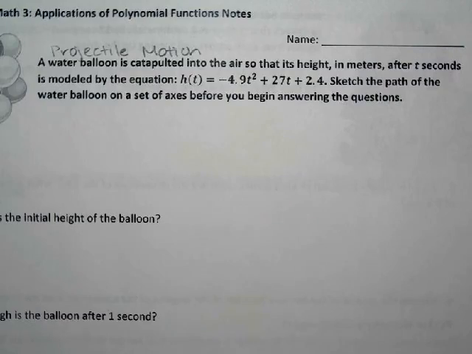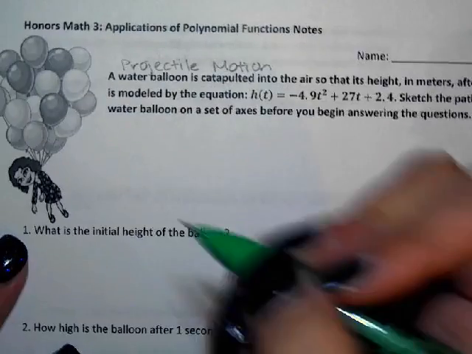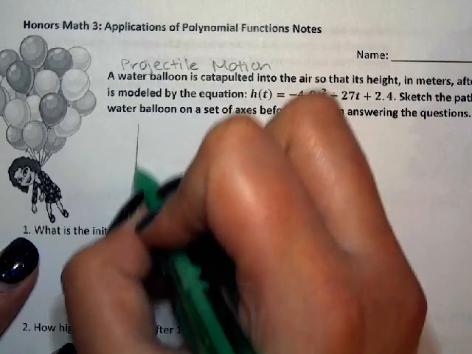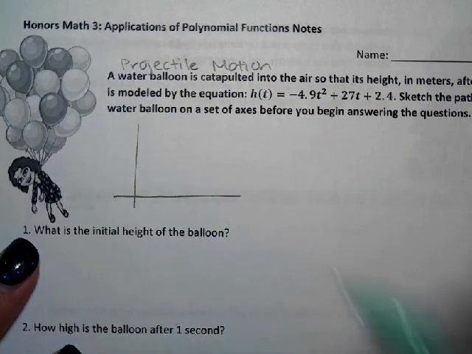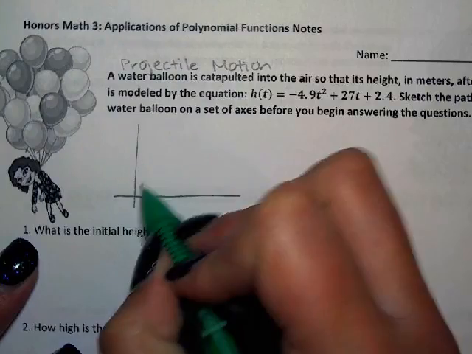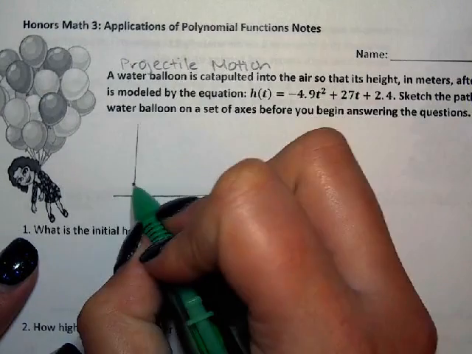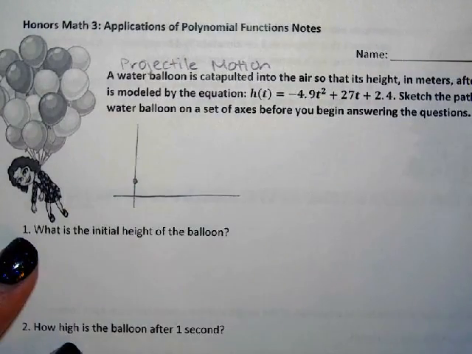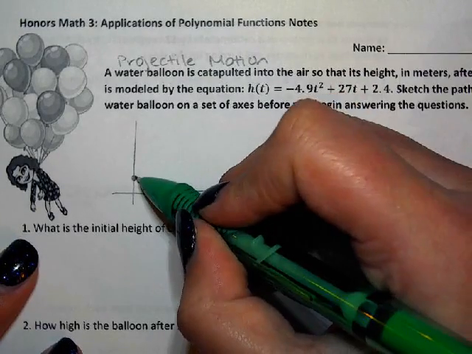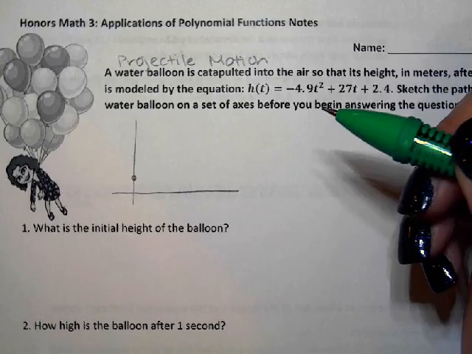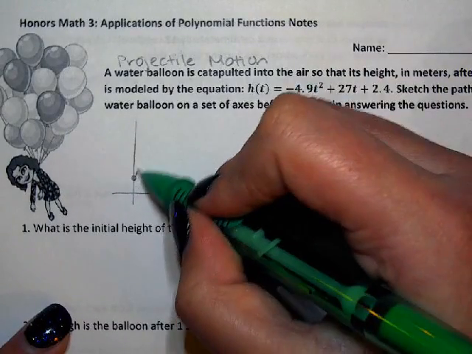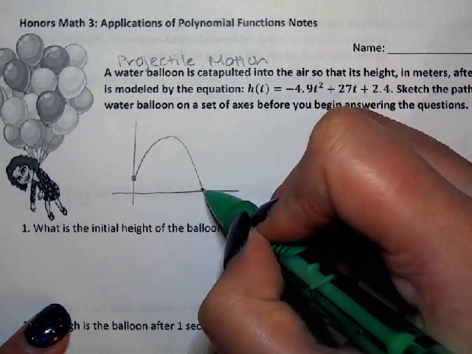All right, so it's catapulted into the air. So the water balloon is probably not on the ground. We'll say there's the water balloon. It's catapulted, and what would the path of the water balloon look like? Yeah, it goes up, comes down. All right, so what is happening here?